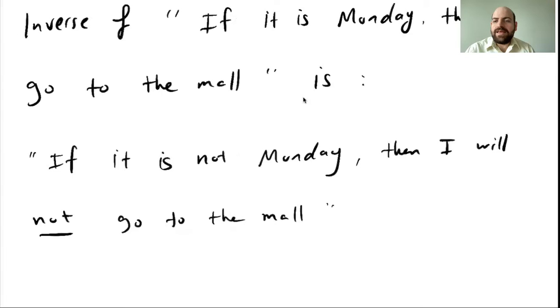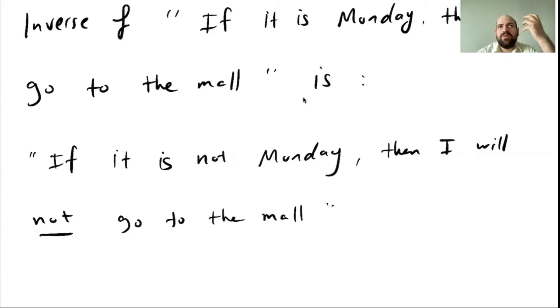So again, is this equivalent? So I have two statements here. If it's Monday, then I'll go to the mall. If it's not Monday, I'll not go to the mall. Are they equivalent with each other? In other words, if the first statement is true, can I say for sure that the second statement is also true? To think about different possibilities.